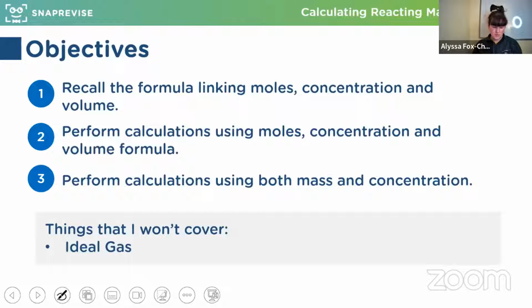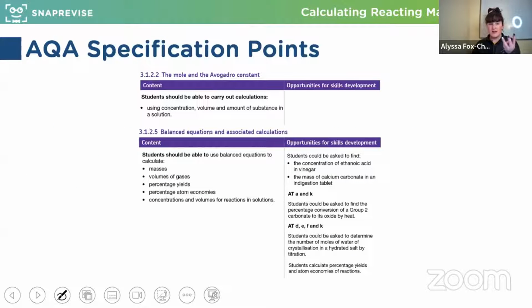All of our web classes are aimed at any of the 3 main exam boards. Technically, if you do any exam board at A-level chemistry, you will get something out of these web classes because a lot of the content is the same across the board. There are only tiny differences in what they expect from you. But if you are on AQA, OCR or Edexcel, we also include the specification points covered in these web classes.